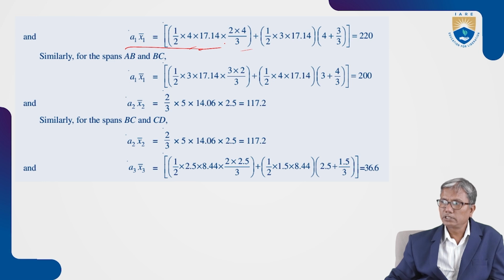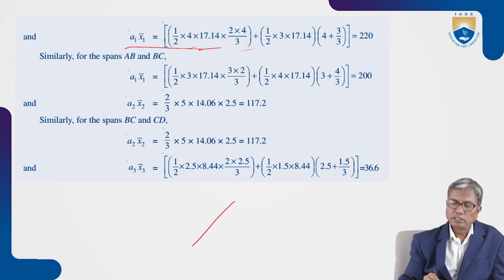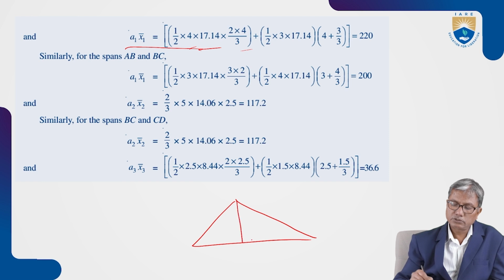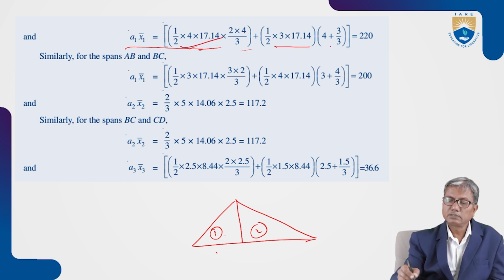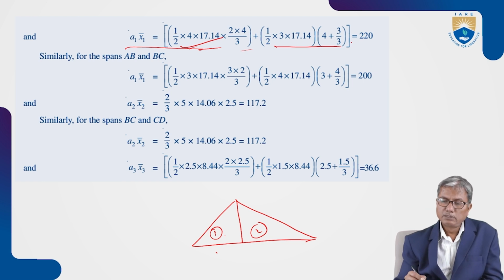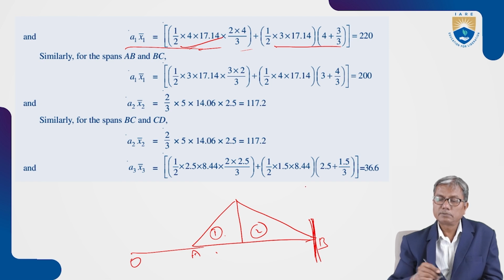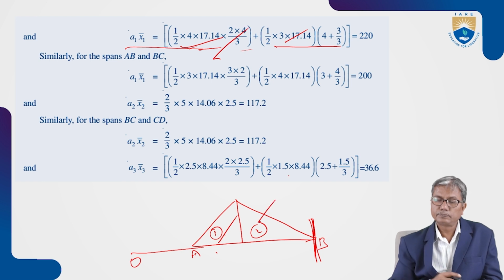This area is split into two parts, because it is not symmetric about its center. For the first part, this is the moment of this area, and for the second part, this is the moment. The moment is taken from B, because we are applying for OA and AB. So we are getting 220.